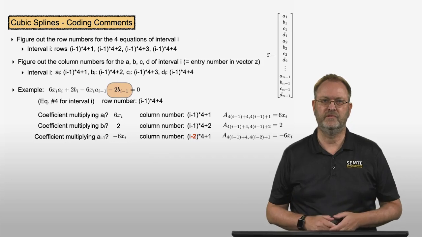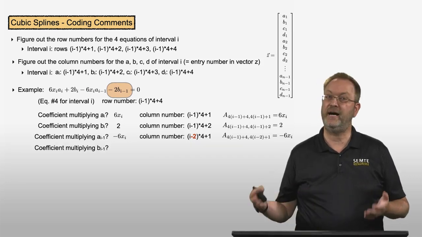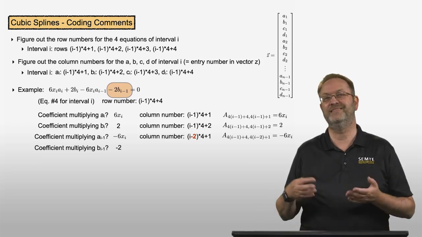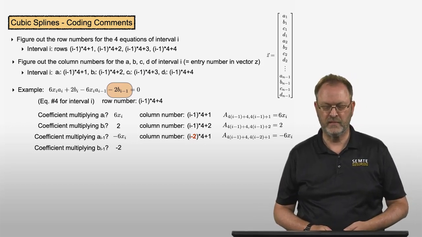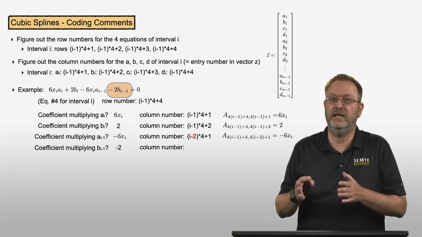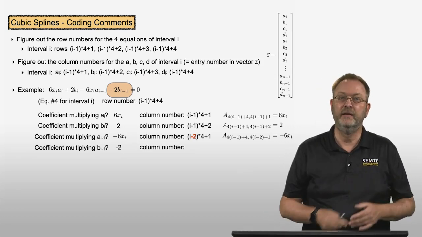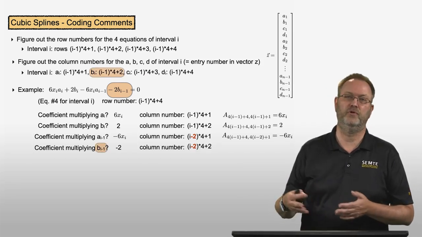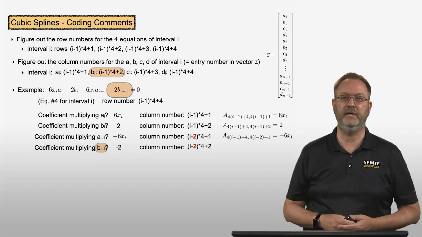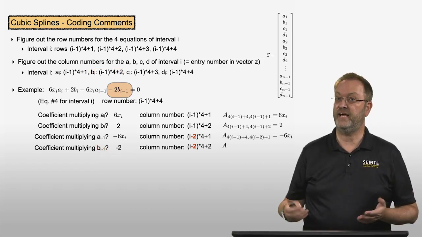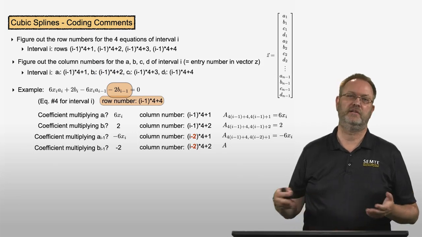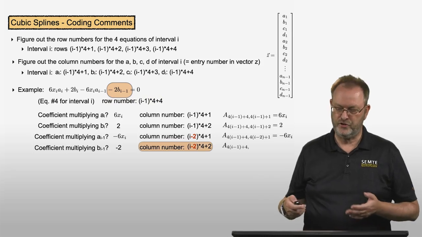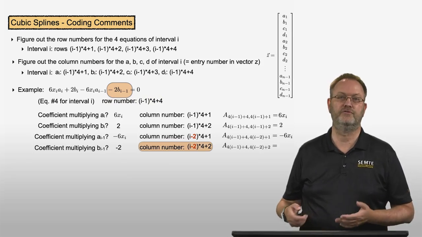On to the last term. The last term is 4 b sub I minus 1. What's the coefficient that multiplies b sub I minus 1? Well, it is negative 2 in this equation. And what's the column number? I'm still at the interval now I minus 1. So the column number has to be (I minus 2) times 4 plus 2, right? Plus 2 because I'm looking at the b. So therefore, in the matrix A, the row is still (I minus 1) times 4 plus 4, but the column number is now (I minus 2) times 4 plus 2.